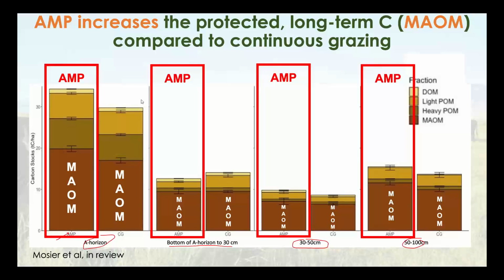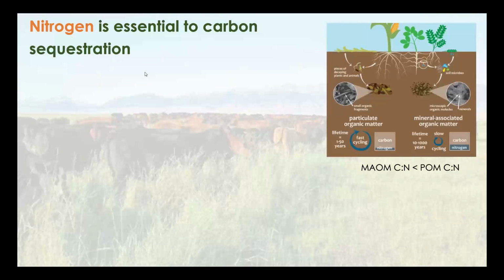So it's important to note that while we're talking about organic matter sequestration and the role of MOM in particular in keeping that carbon in the soil, nitrogen is essential to this process. So if you remember earlier, Meg mentioned that there's POM, which is that rapid turnover checking account that's made primarily of carbon with only a small amount of nitrogen.